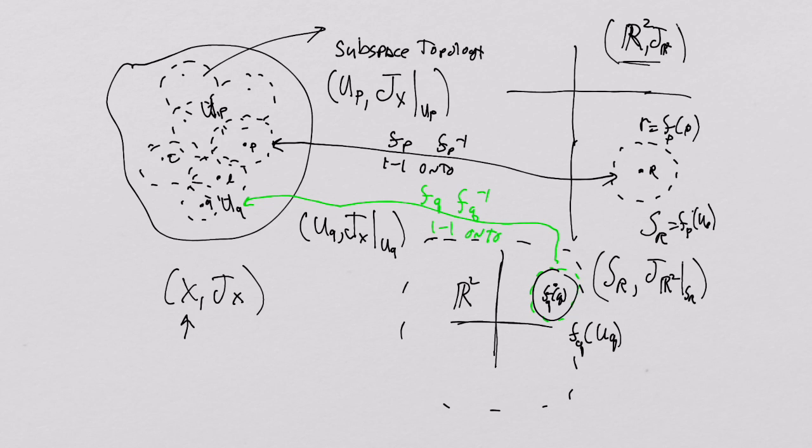And the topological space that is being mapped is this open set, this neighborhood. The neighborhood's being mapped to this neighborhood. It just so happens this neighborhood is embedded in another topological space altogether. But this is the relevant topological space for the mapping, right?